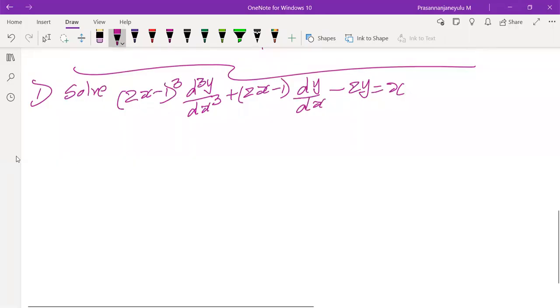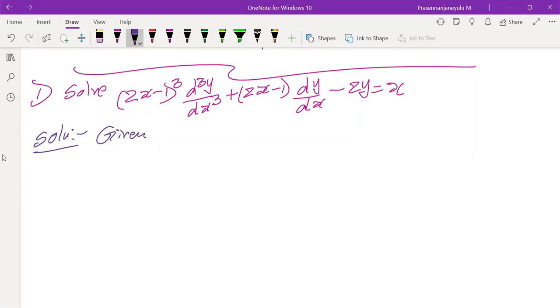This is the given differential equation: (2x minus 1) whole cube into d cube y by dx cube plus (2x minus 1) into dy by dx minus 2y equals x. Wherever we have x on the left hand side, it is in the form of ax plus b, so the given differential equation is a Legendre's linear DE.